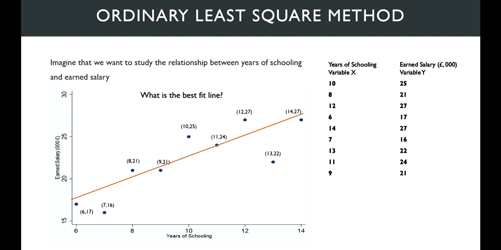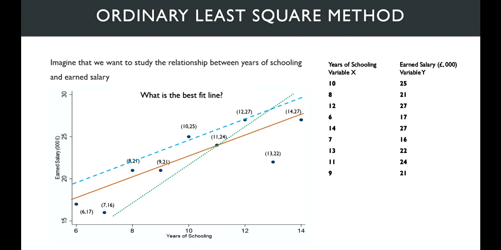For instance, if we have another line, let's say a blue dashed line like this, how does it compare with the red line? Does this blue line better summarize the data? Or for that matter, if we have another line, let's say a green dashed line like this. To figure out which is the best fitted line, that's where the ordinary least square method comes in.